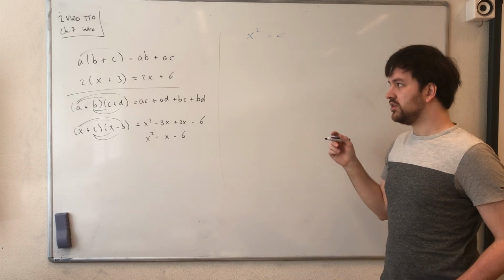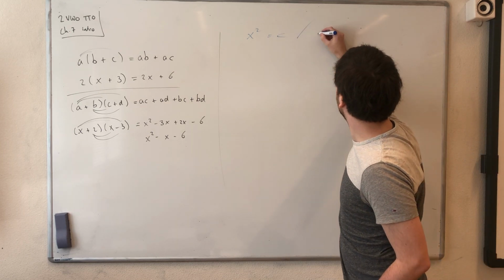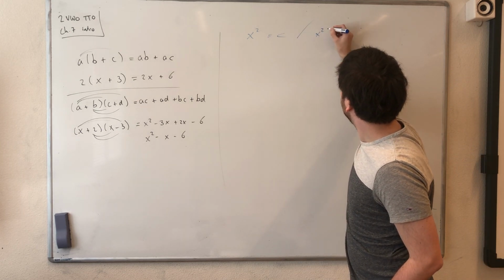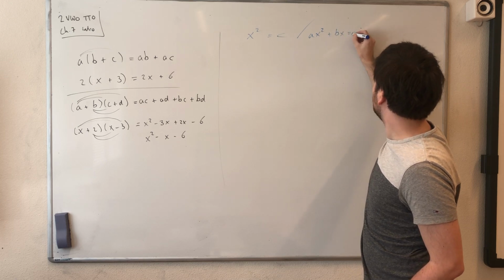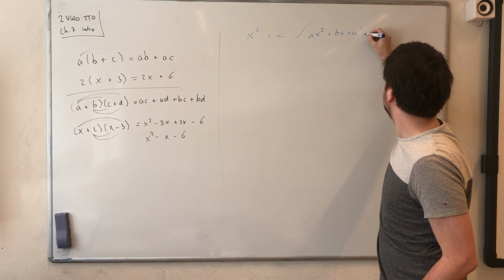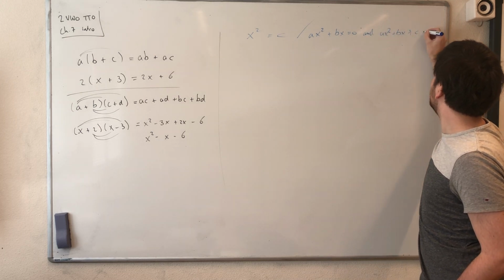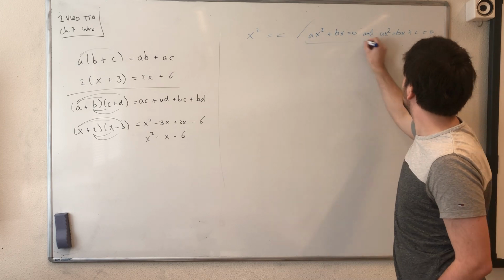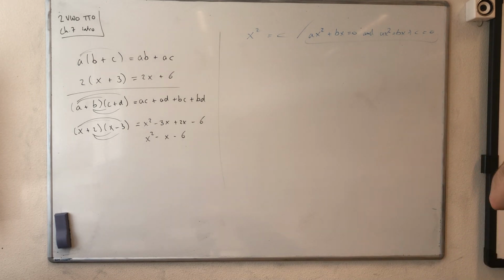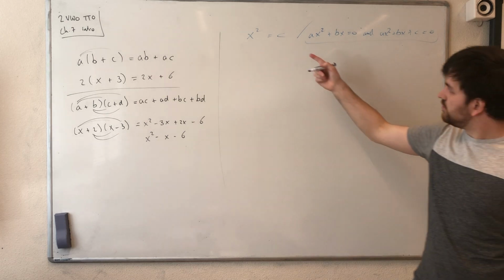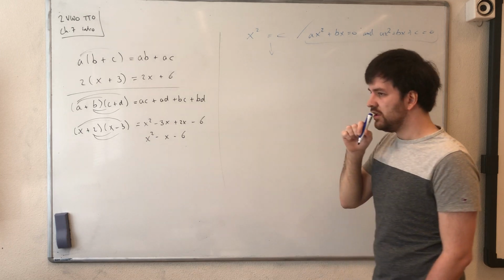In this chapter you will encounter 2 different forms: ax squared plus bx equals 0, and ax squared plus bx plus c equals 0. At the end of this chapter you will hopefully be able to solve those as well. So let's first look at this one, because this is the one you've already had in chapter 5.